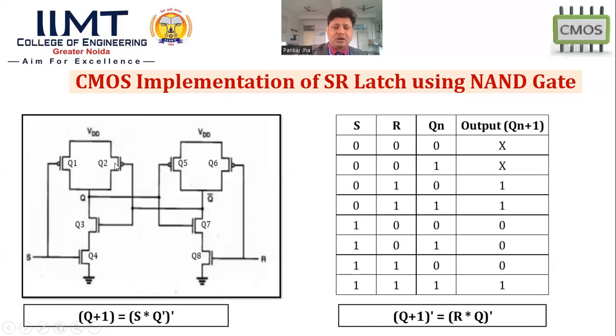Correct? Why? Because this Q2 will get saturated by this 0. So VDD will come to Q. And if this is 1, both transistors Q8 and Q7 will be in saturation mode, and it is connected with ground. That means Q bar will become 0. So ultimately we will get high output. I think it is clear to all of you.